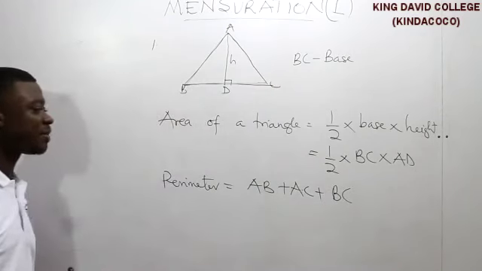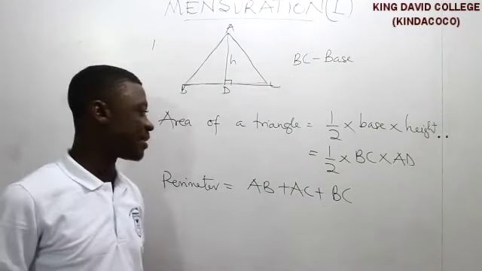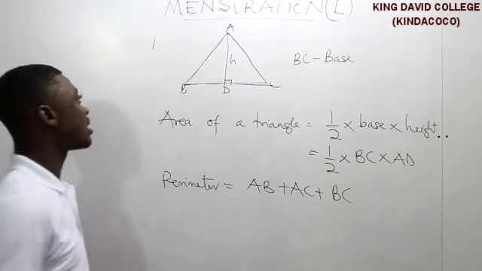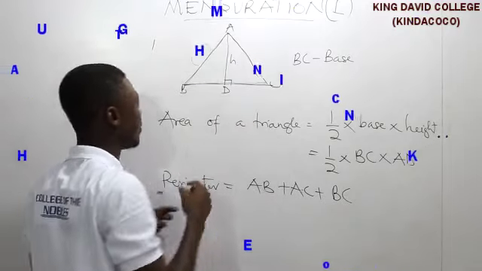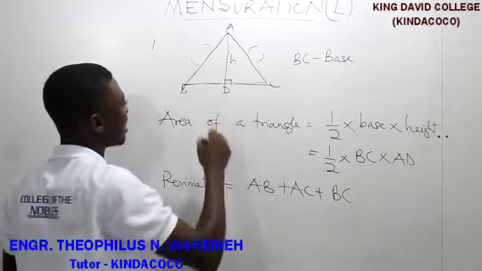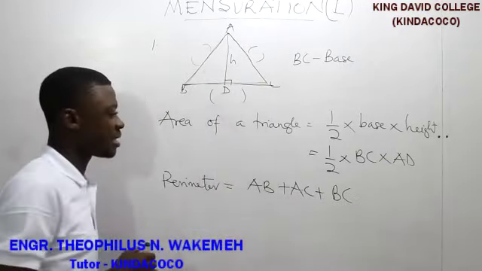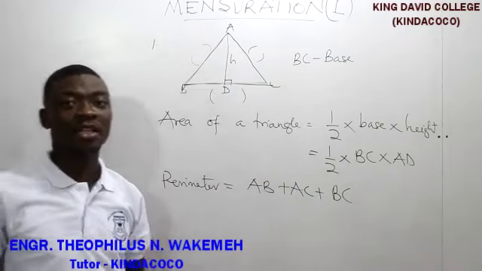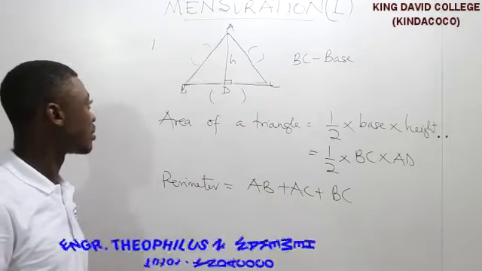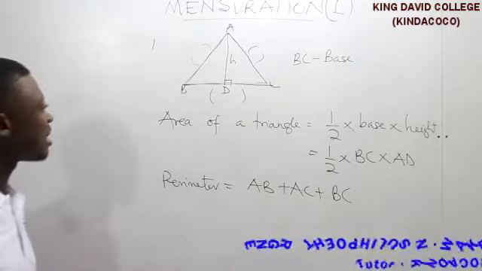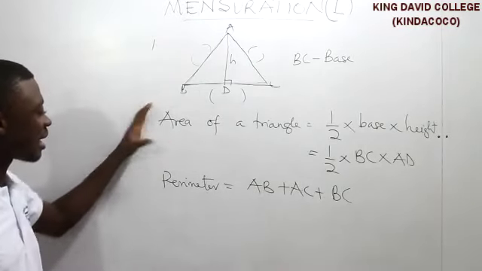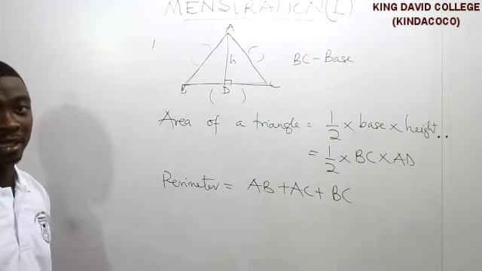So you have AB plus AC plus BC becomes the perimeter of a triangle. So you need to establish the value for AB, the value for AC, the value for BC. Summing all those three values is going to give you the perimeter of the triangle. Okay, so the basic shape of a triangle is simply this: the area and the perimeter.